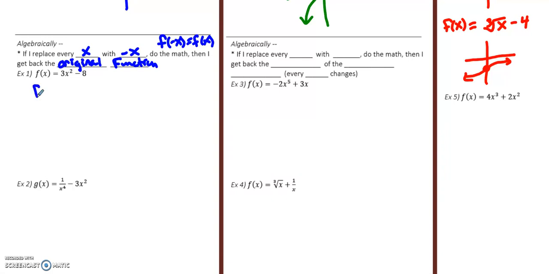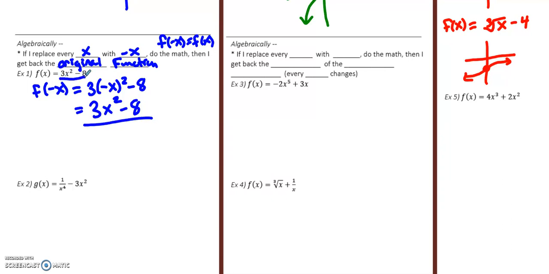So if I look at my first example, f of negative x equals, I'm going to replace every x with negative x, which is just that one value. I'm going to look at what the squared does. I know that squareds make negative signs go away because I'm squaring negative 1. So I get back to 3x squared minus 8, which is the same as the original.